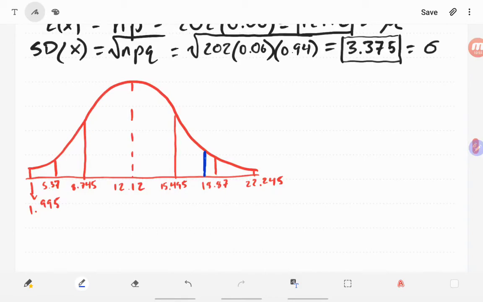Our data, we had 17 universal donors. So we already see that that is higher than we expected. We know that only 6% of the population is a universal donor, and we expect about 12 to show up, but we got 17.